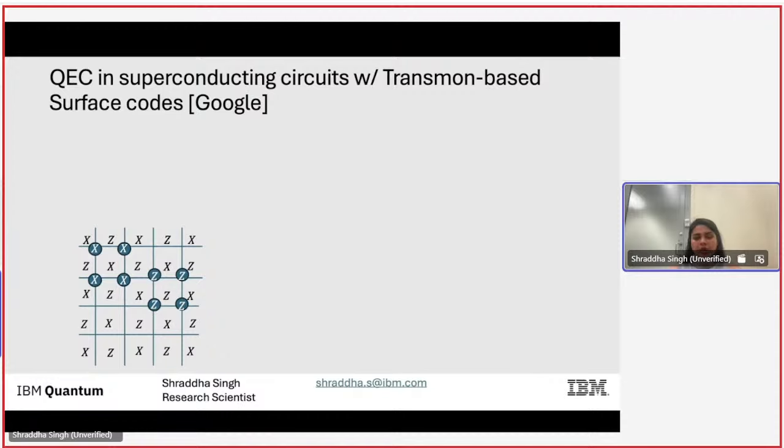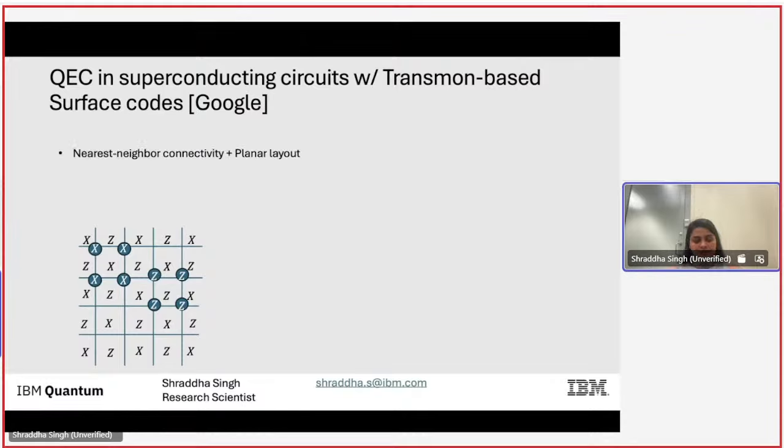So you're measuring a 4-qubit Z operator as a stabilizer here. And you do that for all of these qubits, and you can check that in these codes you will always see that the X and Z stabilizers commute as required.